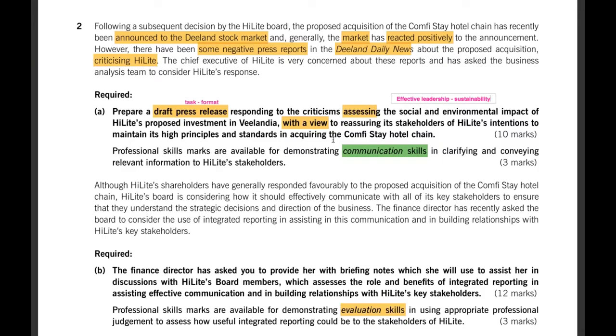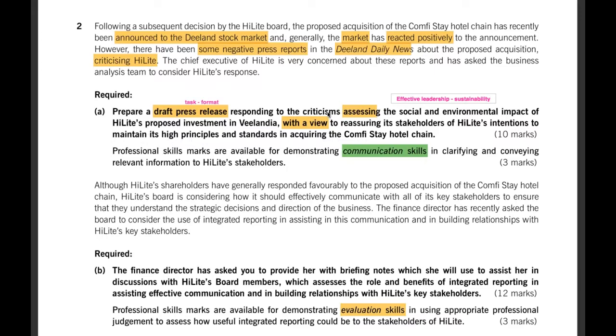So make sure you prepare the press release and address the social and environmental impact of Highlight's proposed investments. You need to read the exhibit to see what the critique was all about.